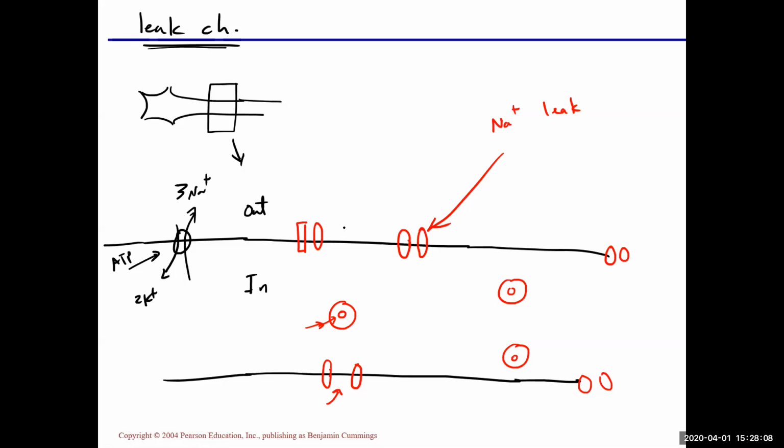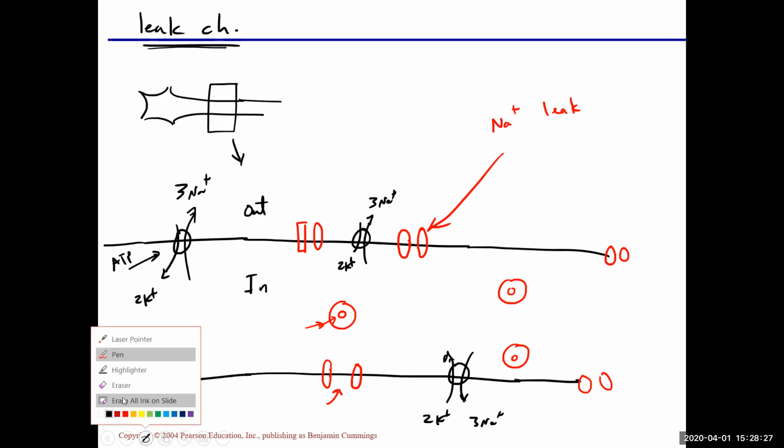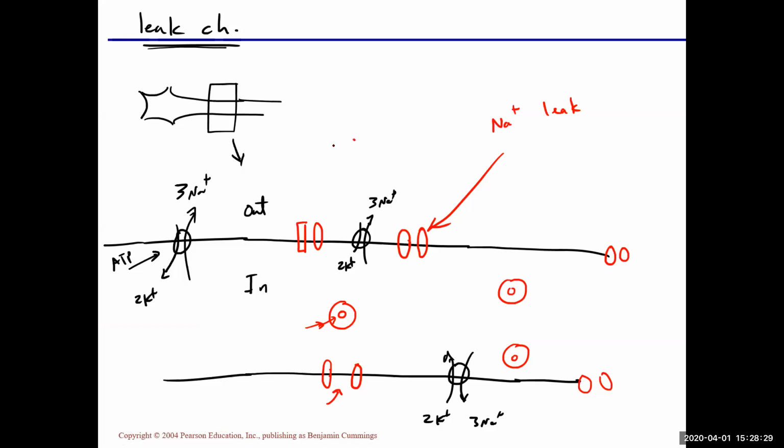So if these pumps are constantly working, pumping 3 sodium out and bringing 2 potassium in, everywhere these pumps are located, well, what does it do? Outside you're going to have a lot of sodium.